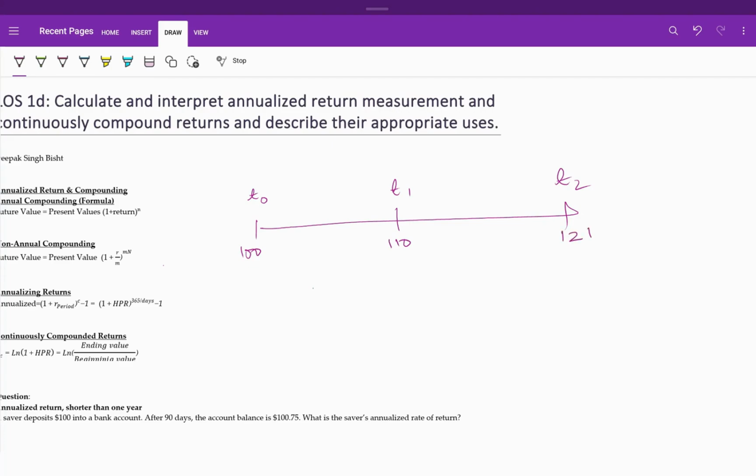If I increase the frequency of reinvestment, so let's assume that I increase it from yearly, annual, to quarterly, this is quarter 1, quarter 2, quarter 3, quarter 4.